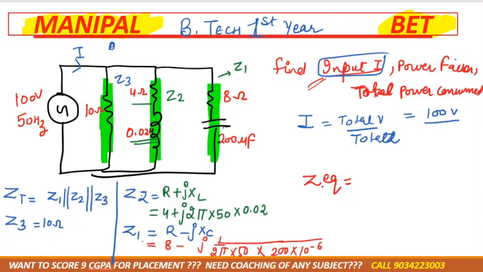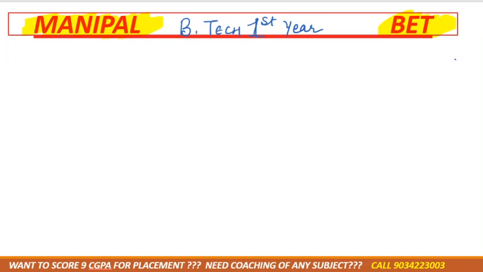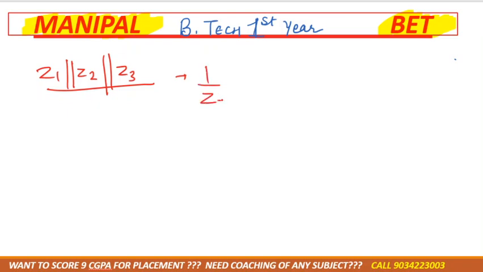So now we need to calculate Z equivalent or Z total. That would be Z1 parallel Z2 parallel Z3, right? How will you solve it? By 1 by Z equivalent is equal to 1 by Z1 plus 1 by Z2 plus 1 by Z3, right?